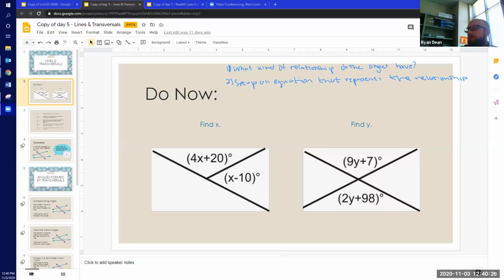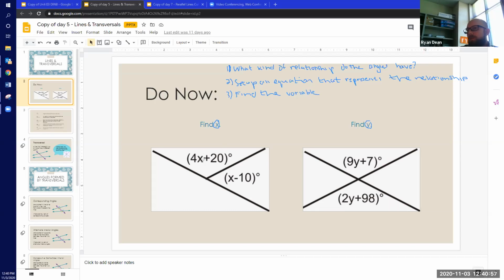After we set up our equation that represents the relationship, then our final step is to find the variable that we're looking for. So we're going to solve that equation. Sometimes some of the questions you're going to be asked is to find the missing angle measure.